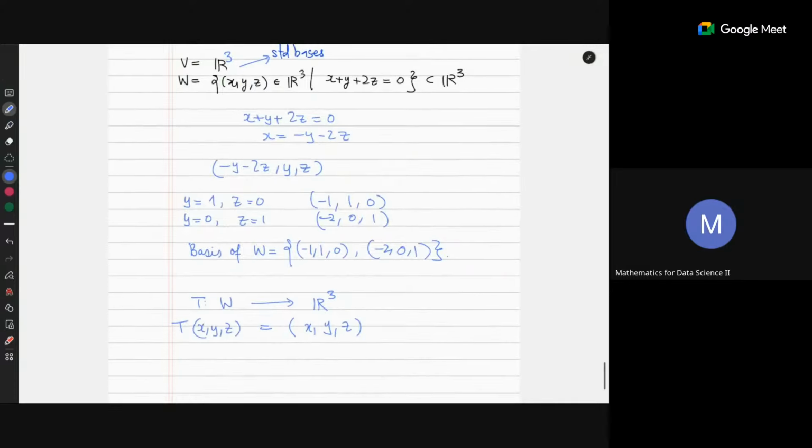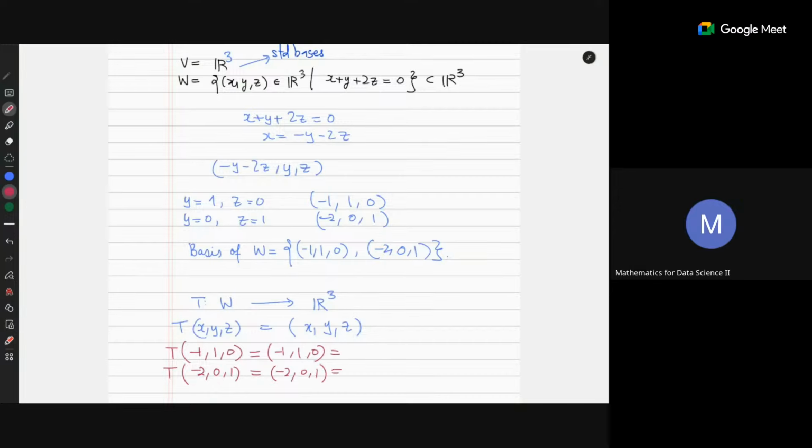So what is the exercise? First, we start with the basis of the domain, and then the basis of the codomain. What is the basis of the domain? -1, 1, 0. What is the image of this? It is -1, 1, 0. The second vector of the basis is this, and we get this.